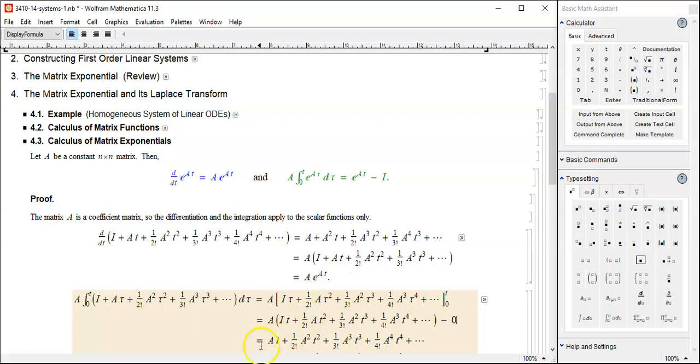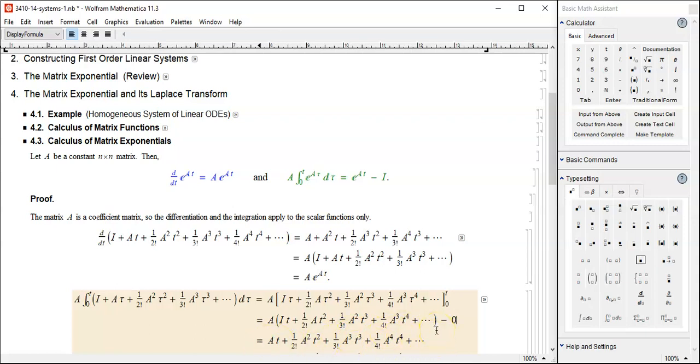Now what do we do here? Does it resemble anything? You see, we did this: plug in t, plug in 0, subtract one from the other, and multiplication by a was there before, so we got all these. And now, does this resemble something? 1 over 2 factorial squared, 1 over 3 factorial cubed, 1 over 4 factorial, fourth power.